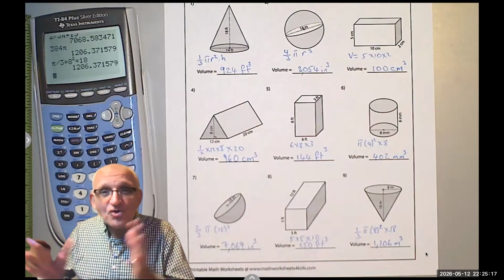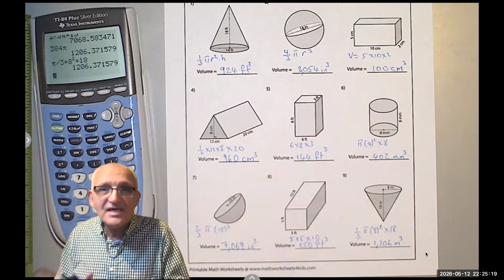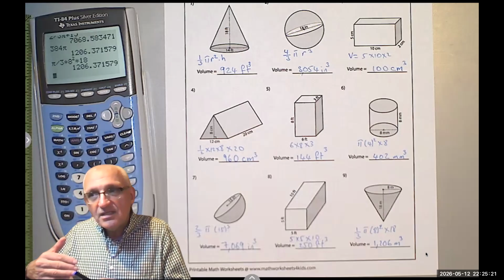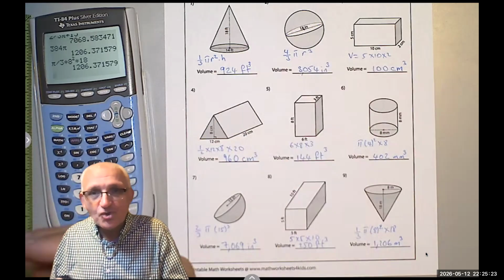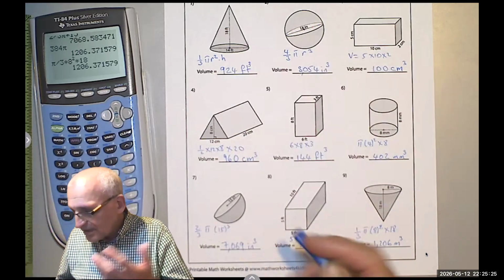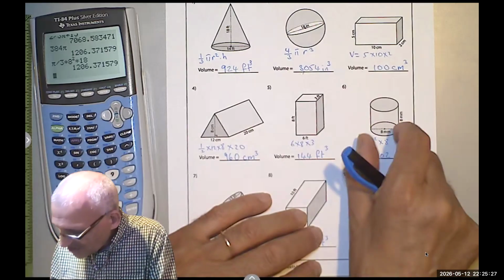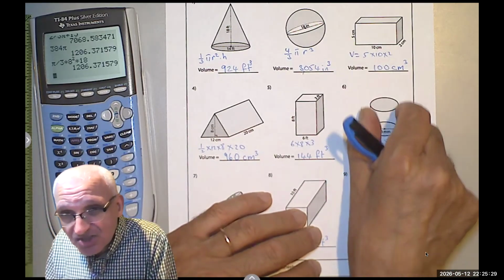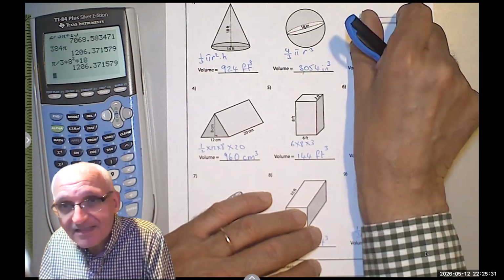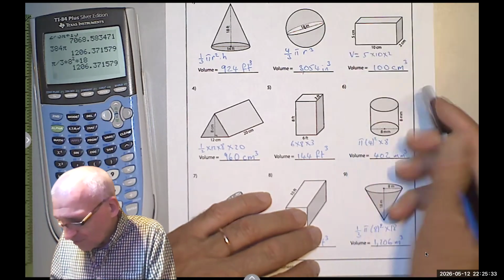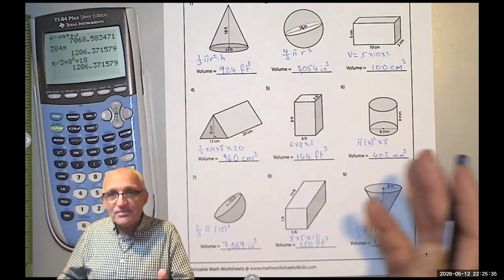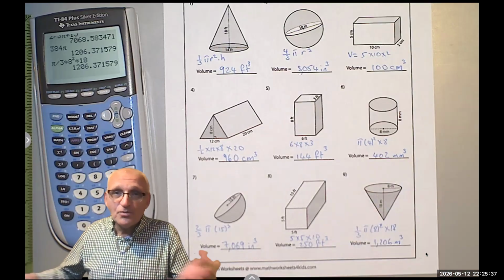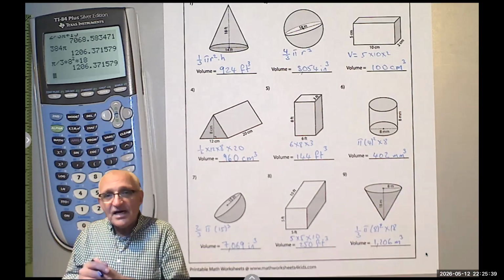Okay? Try to limit what you memorize and try to understand more. If you understand that if you have a shape with an area that doesn't change all the way till the end of the shape, then all you have to do is find the area of the base, which hopefully you know is pi r squared, and multiply it by the height.